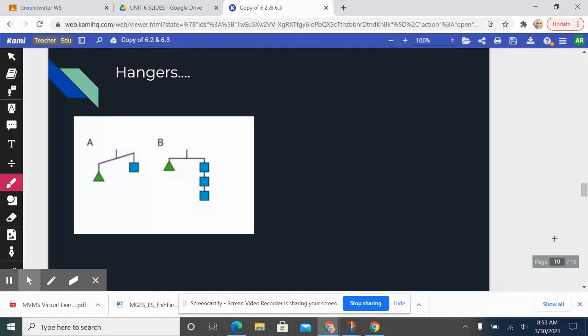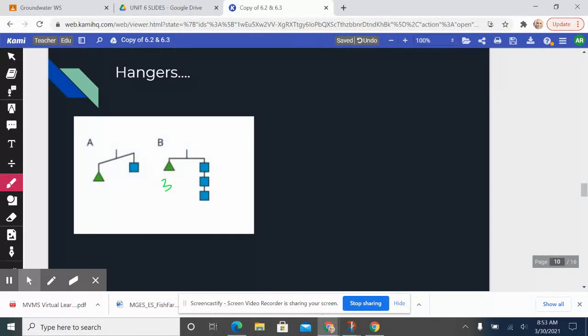So a couple things that I do want to say is a hanger stays in balance when both sides weigh the same. So for example, B, let's say that this was 3. That triangle was a weight of 3. Well, because that is balanced, think of a scale, right? And think of it balancing.